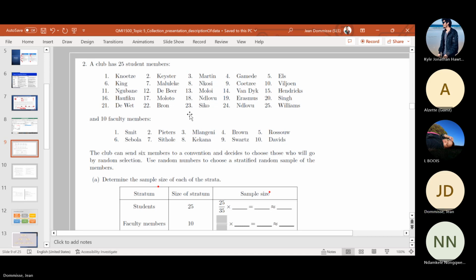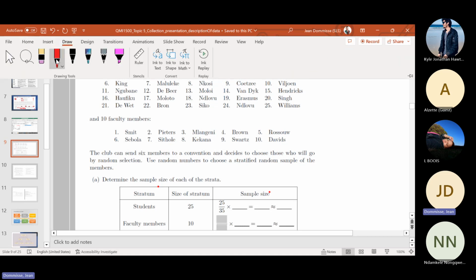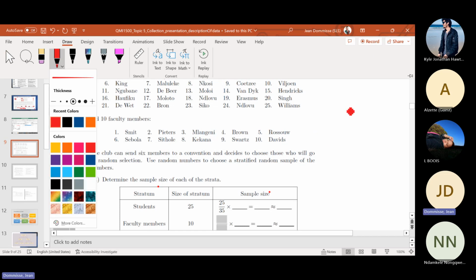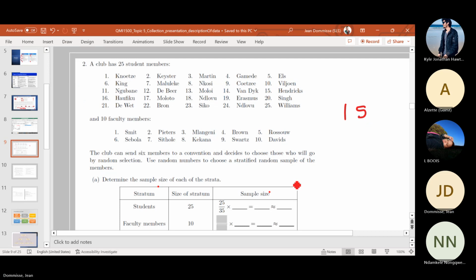If you need to select a certain sample, and I'm just going to randomly say I want a sample of 15, how are we going to split it between 25 students and 10 faculty members? I only want 15. How are we going to split it?